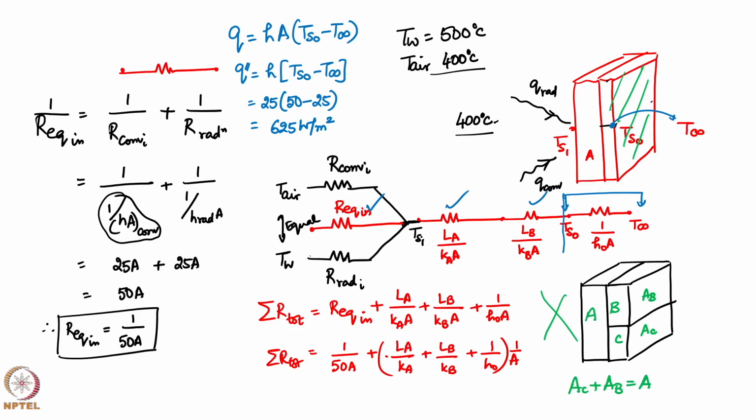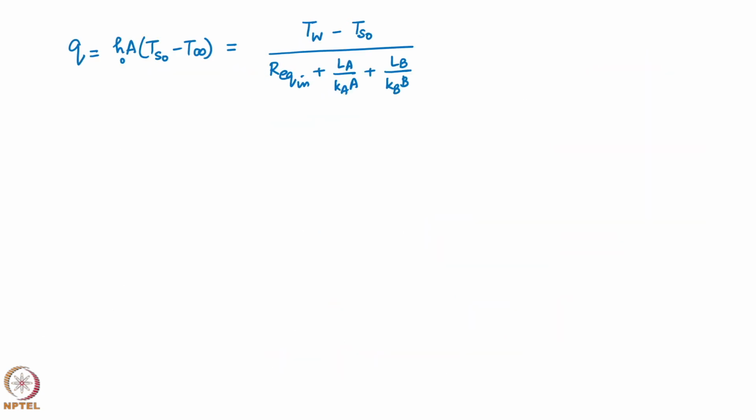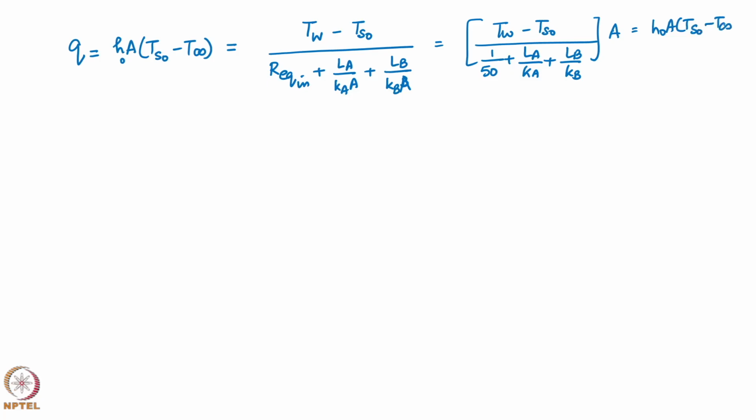So, if I just go ahead and do that, this is a number. So, the A's will get cancelled. So, this is going to be T wall minus T S O divided by 1 by 50 plus L A by K A plus L B by K B. 1 by A is there, K B into area, so this area will go up, which will be h naught A into T S O minus T infinity.